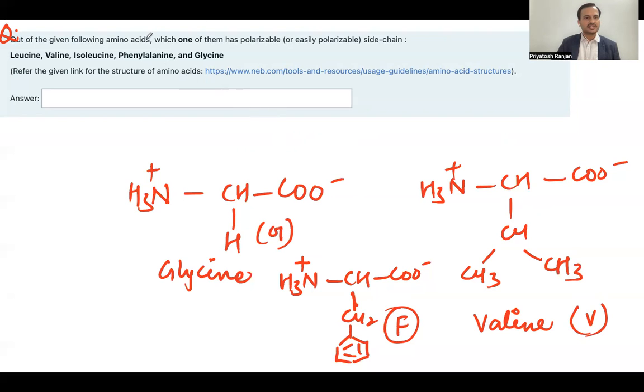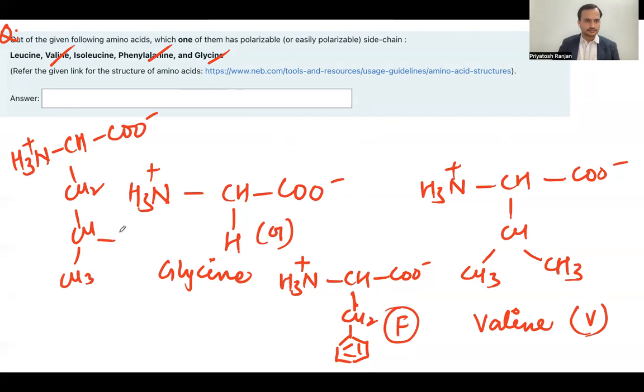What are the other structures I'm left with? Isoleucine and leucine. Simple. So leucine is, again, all except the phenylalanine, all the other amino acids are having an aliphatic side chain, while this one is carrying an aromatic side chain.